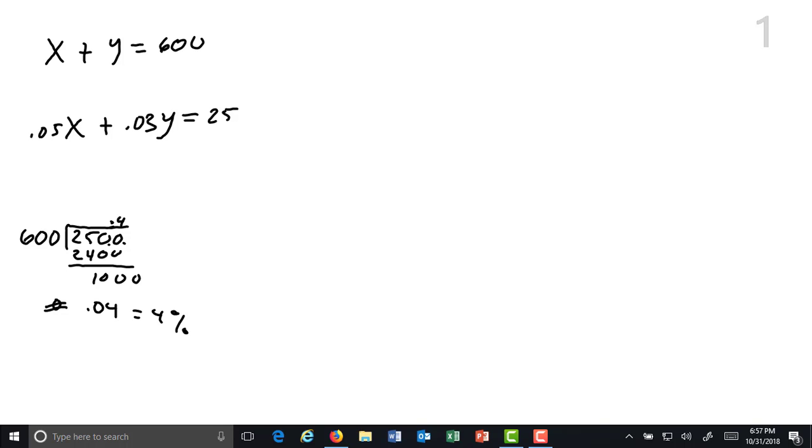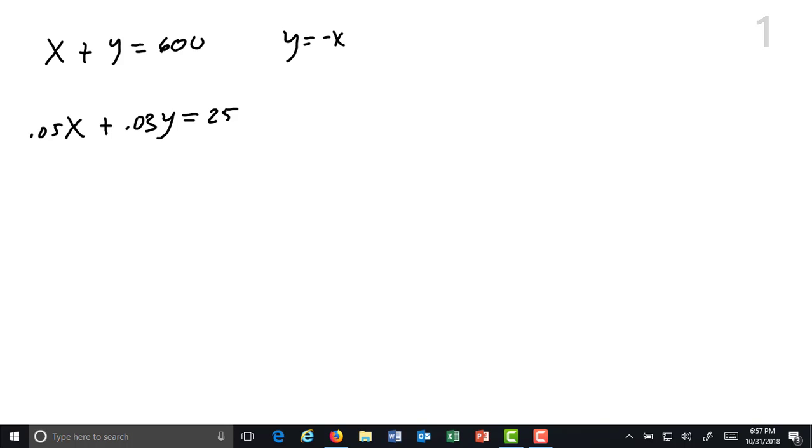let's see. Because I'm going to graph it, I'm going to put these in slope-intercept form. So, I'm going to put this as y equals minus x plus 600, and I'll call that line 1. And I'm going to multiply this by 100. Do you see? So that's going to move the decimal place over 2 places, and that's going to make 2 more zeros.